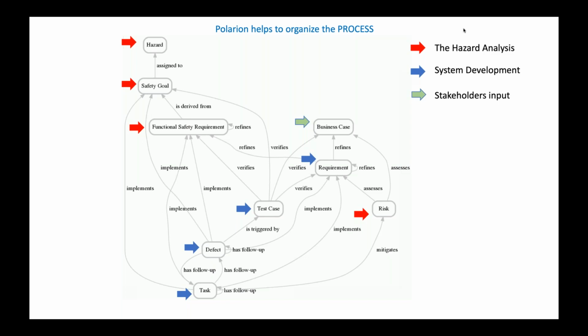It's requirement, test case, defect, and task. And we have some business case for the high level requirements. So the template gives you already predefined work items with some additional fields, and also you can create links between the items, and this picture shows you how the items can be linked.